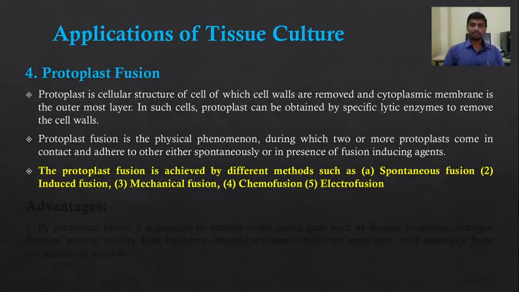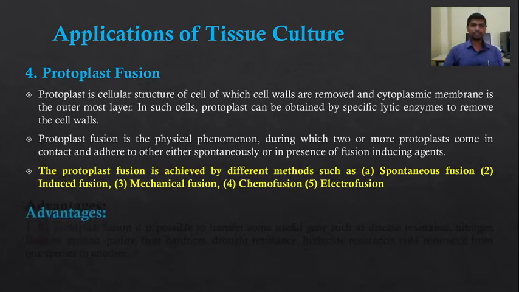Some inducing chemicals are used for the fusion of the protoplast. Mechanically, the fusion is carried out by using certain tools. In chemofusion, the fusion is carried out by chemicals. In electrofusion, a short electric pulse of a microsecond is generated for the fusion of the protoplast. So by using these different methods, the protoplast fusion is carried out.